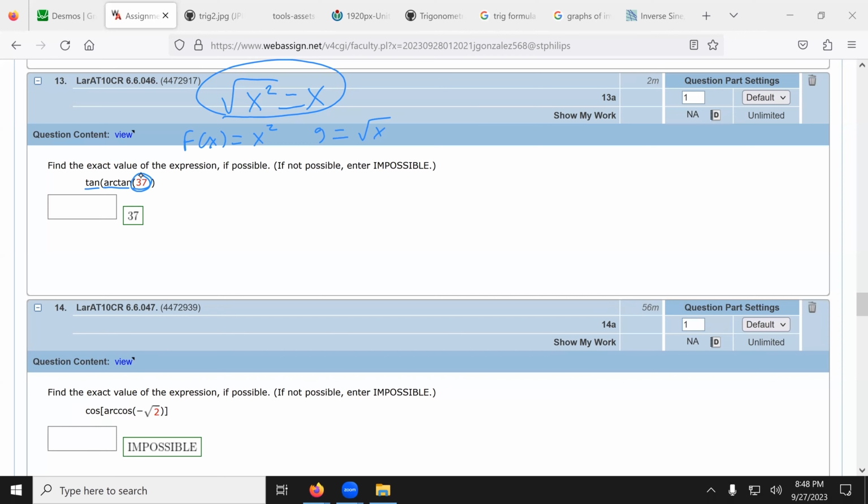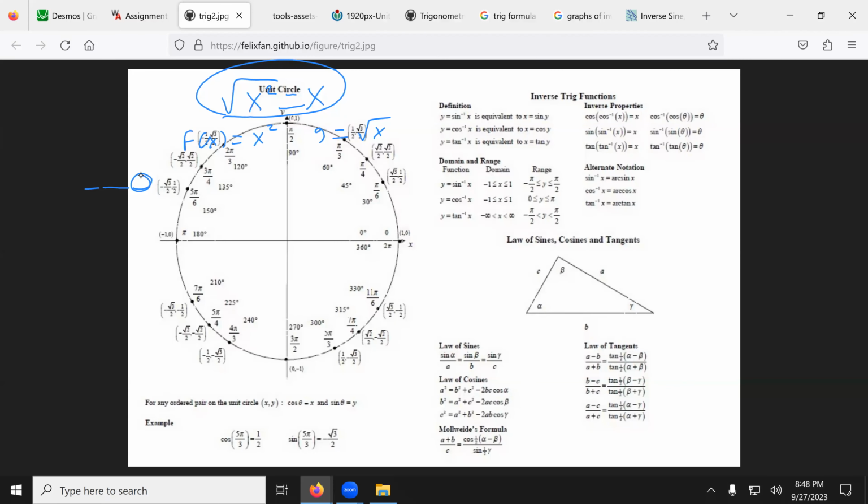You need to make sure and think about it and see, okay, what is my domain for the inverse? Is 32 or whatever it was in between here. Yeah, it looks like we're good. So now let's not worry about it. Tangent doesn't really have any issues. Tangent inverse. So who cares?